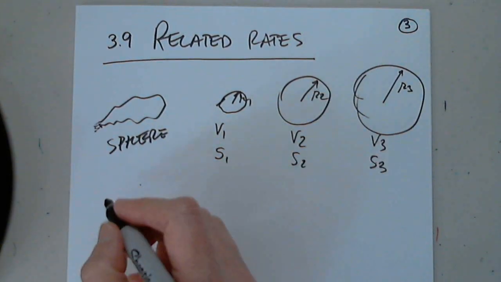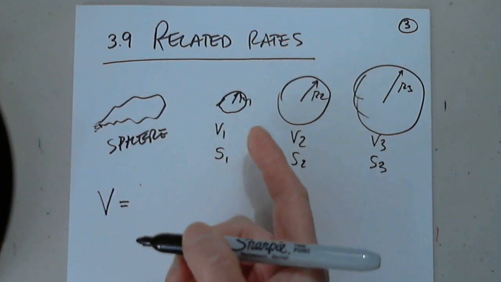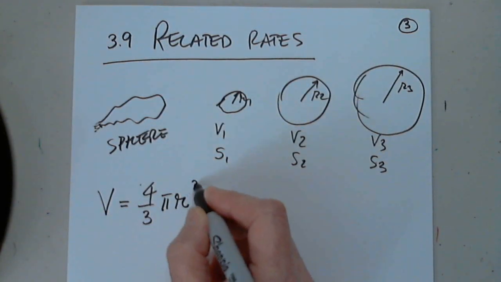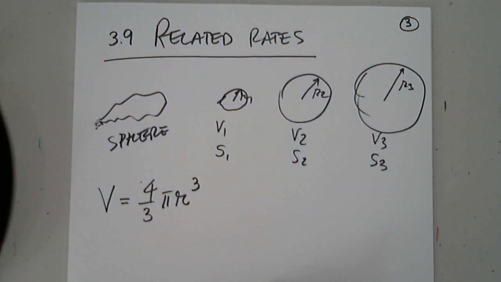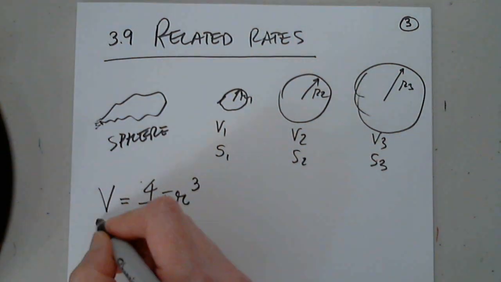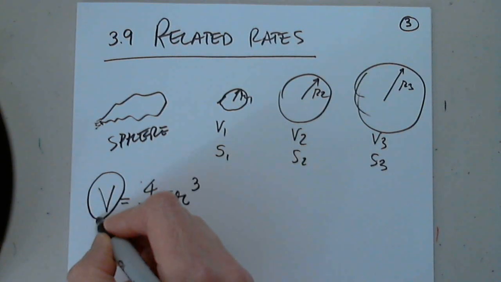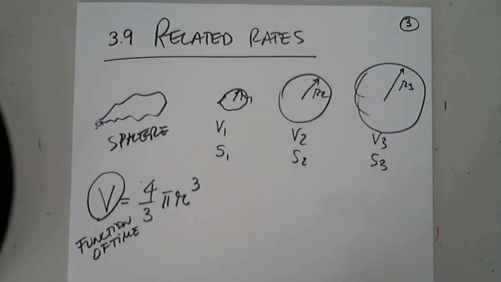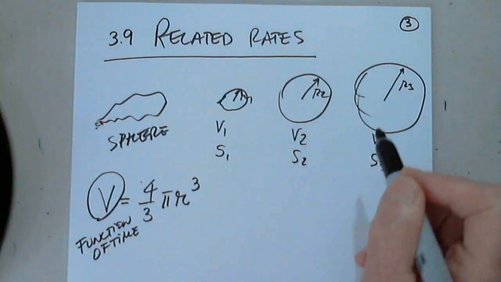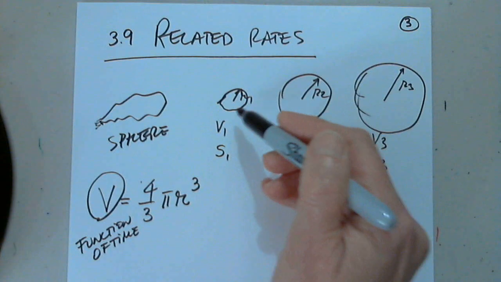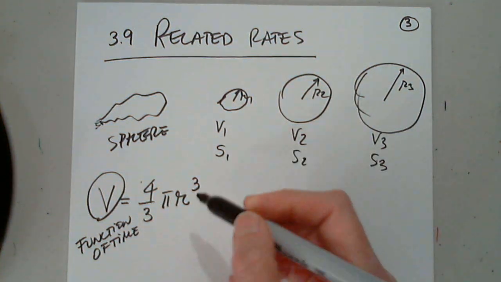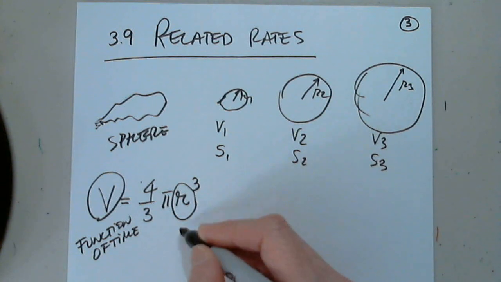Here's the formula. So the formula for the volume of a sphere is 4/3 pi r cubed. So this is a function of time, because as time passes and I pump in air, the volume changes. This is also a function of time.